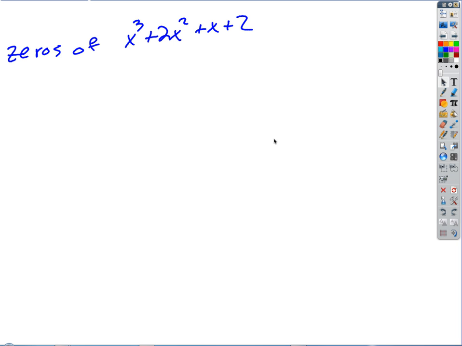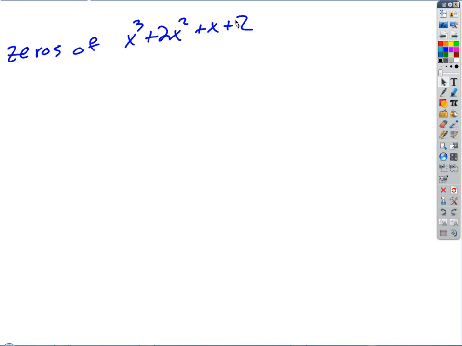If I'm testing for zeros, by the zero remainder theorem, not that we care about that, I should be able to get a result back of 0 when I evaluate this expression at x equals some number, right? If I get back 0, then that x value is a 0, right?